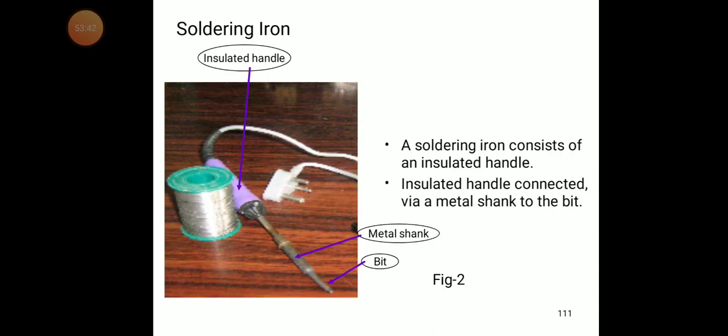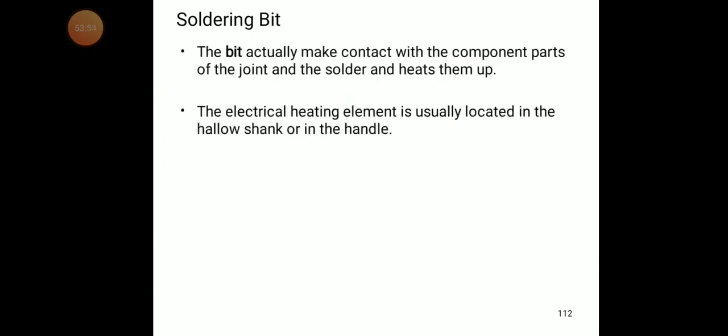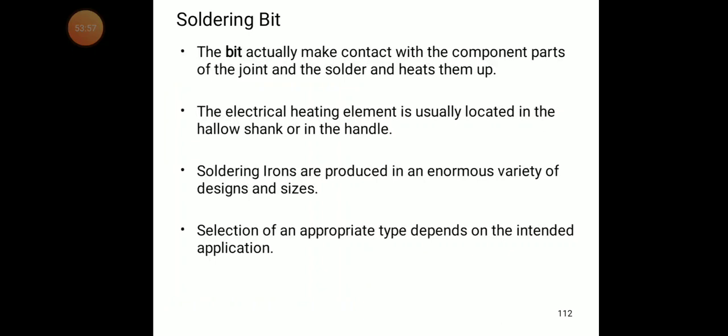A soldering iron consists of an insulated handle connected via a metal shank to the bit. You can see the soldering bit. The bit actually makes contact with the component parts of the joint and the solder and heats them up.